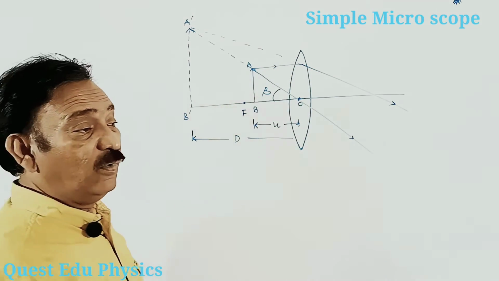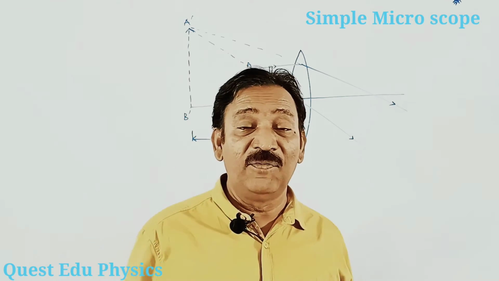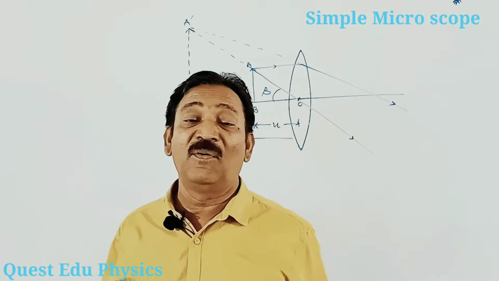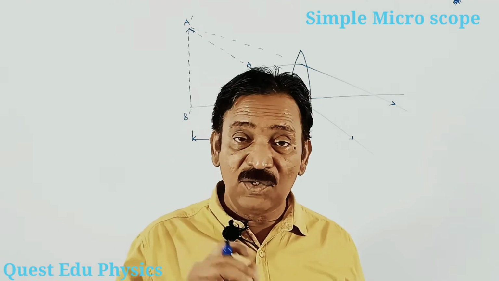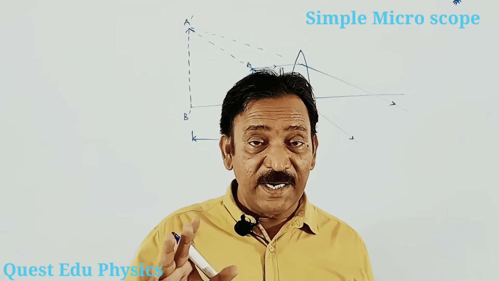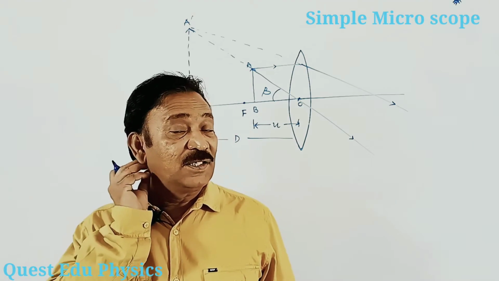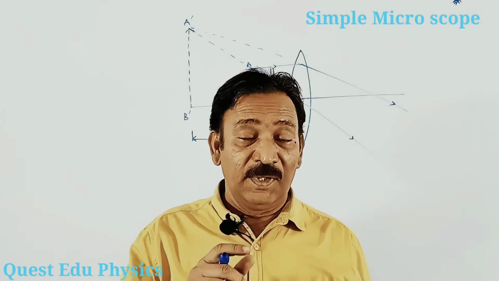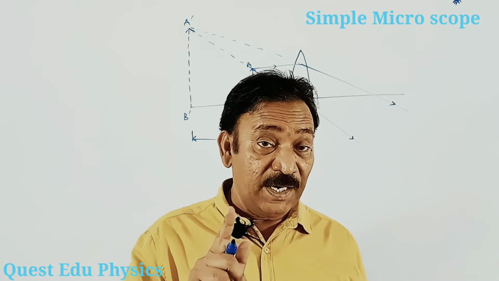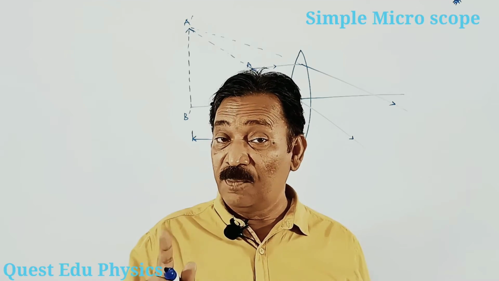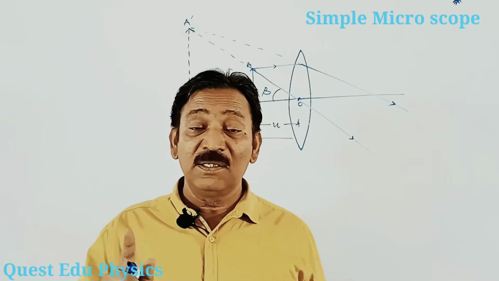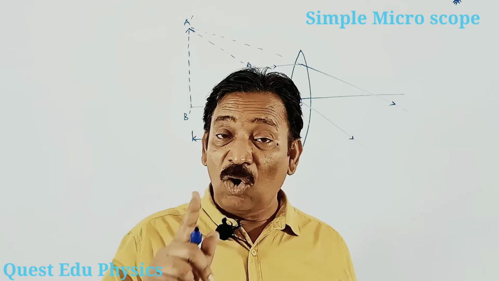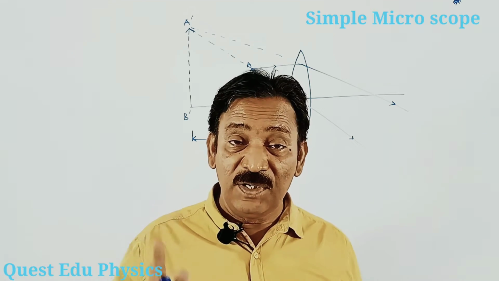Here we have to learn one term which goes with the magnification, or magnifying power, students. Magnifying power of a lens can be defined like this: it is the ratio of the angle subtended by the image to the angle subtended by the object when the object is kept at the least distance of distinct vision.